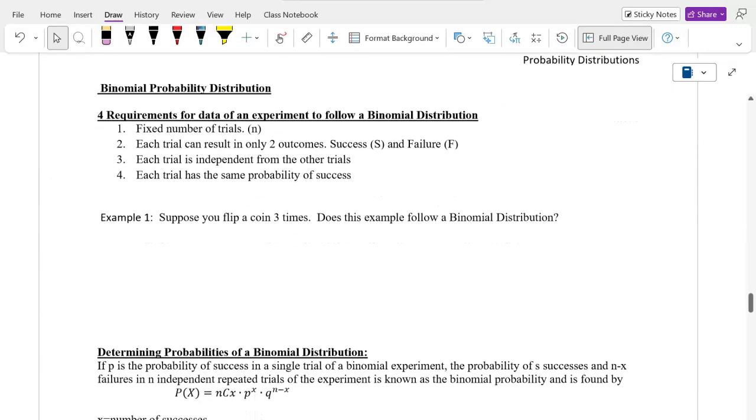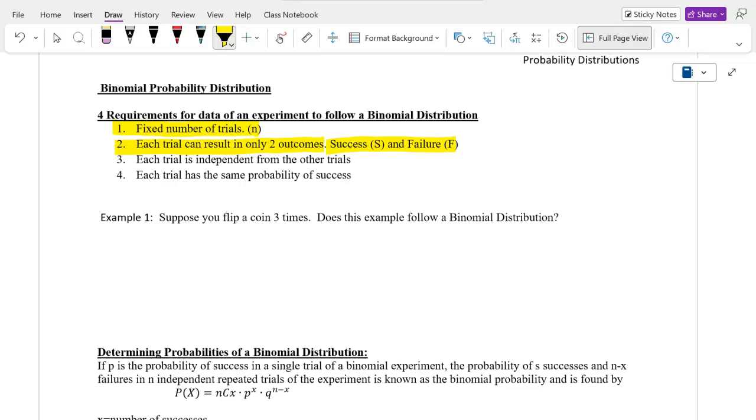Now, the next type of distribution we're going to look at is called a binomial distribution. With a binomial distribution, we have to, again, have a fixed number of trials. Each trial can result in only 2 outcomes. Whatever the outcome we're looking at is determined to be our success. And of course, the opposite would be the failure.